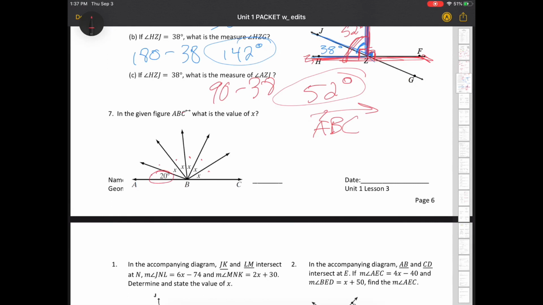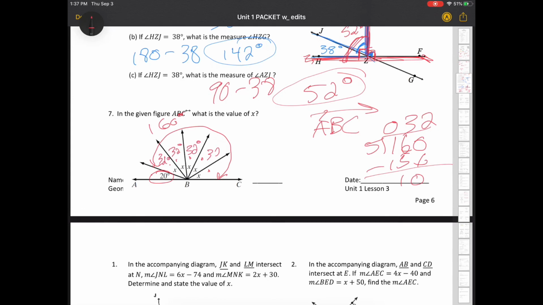So now we have 160 degrees to make up between the rest of these. We have 1, 2, 3, 4, 5 now. So we do 160 divided by 5, and we get that each angle here is 32 degrees, and they are all congruent.